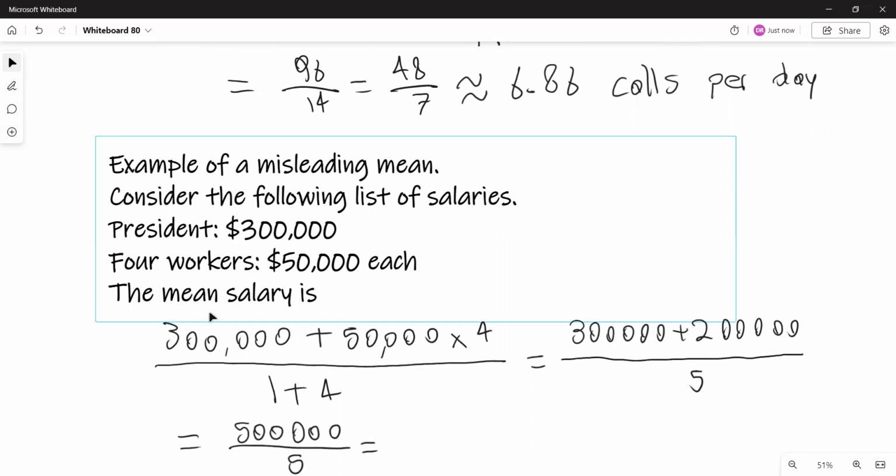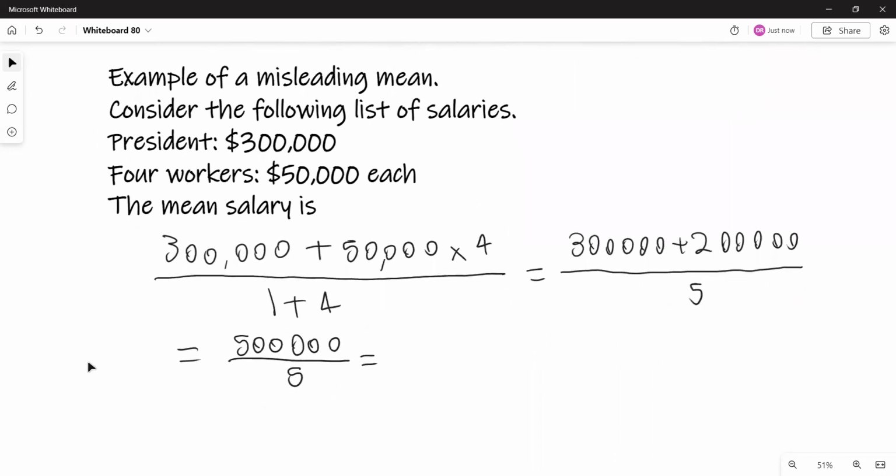Which is not a reflection of reality, because 4 of those 5 people earn half the mean salary. So the mean is not a good indicator of what is happening in reality.